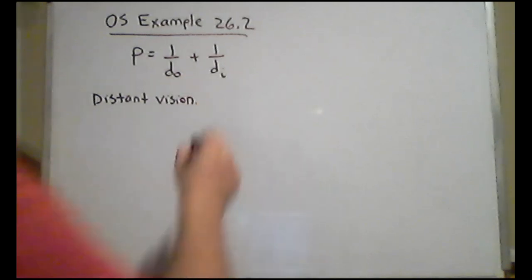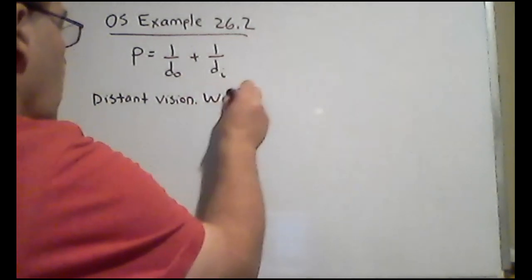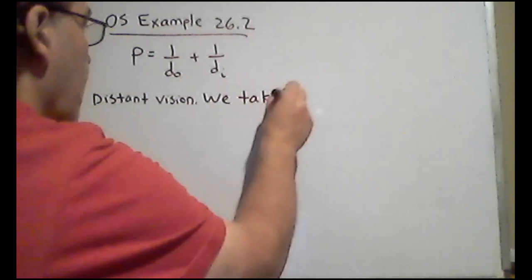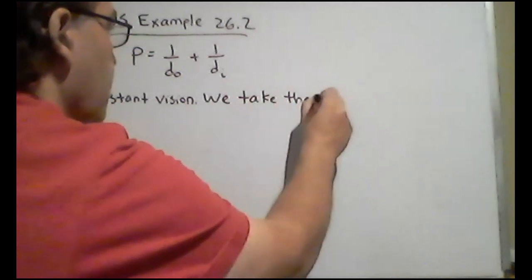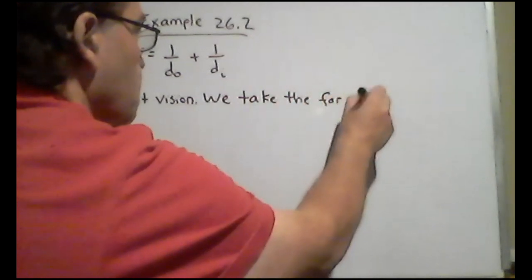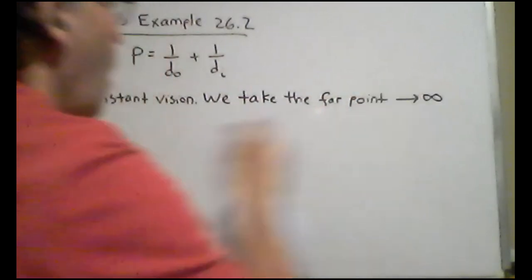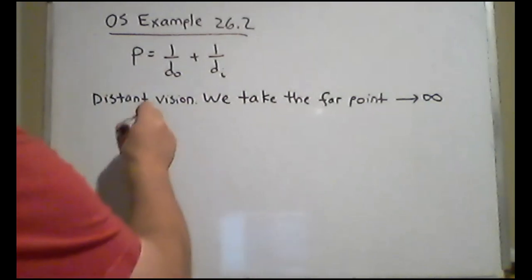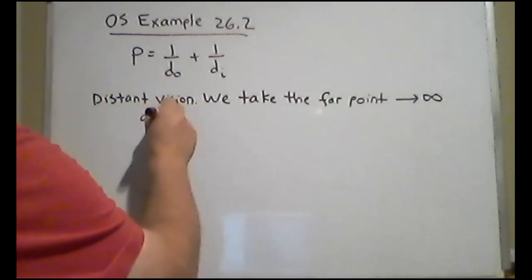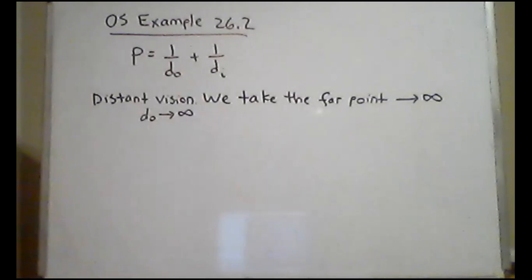We take the far point to be infinity, so we replace D sub O with infinity.